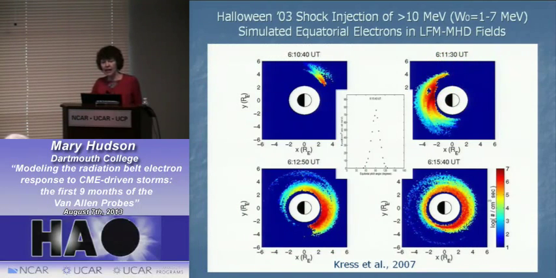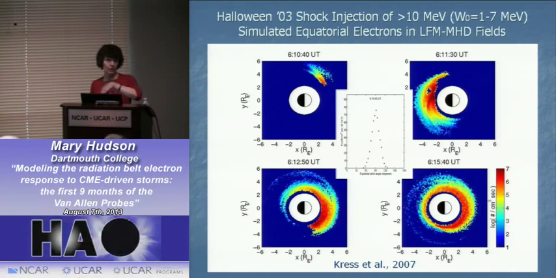So Brian made this kind of map where you're looking down on the equatorial plane now at 100,000, 200,000 electrons in the simulation. And initially, he had no electrons above 10 MeV, so he started with a 1 to 7 MeV population. And what he's plotting is the greater than 10 MeV electrons as they cross the equatorial plane.